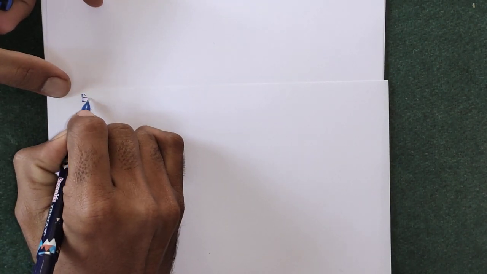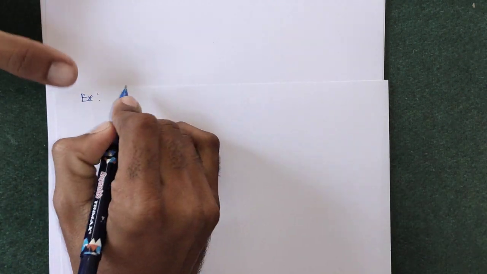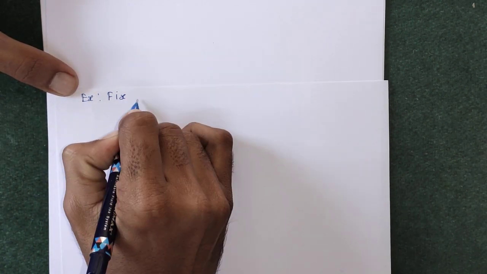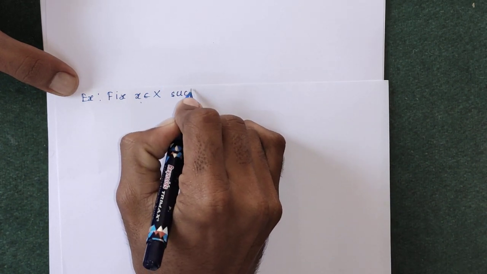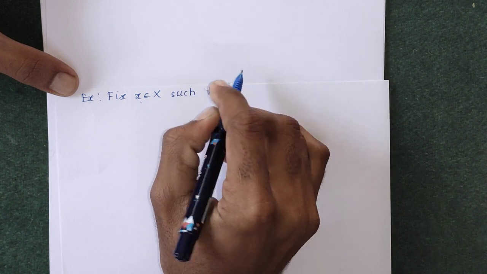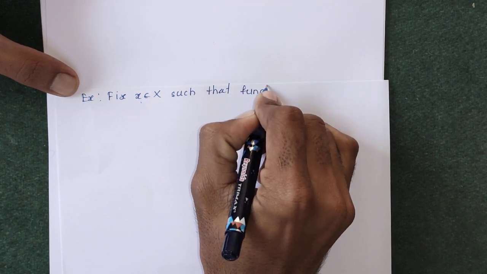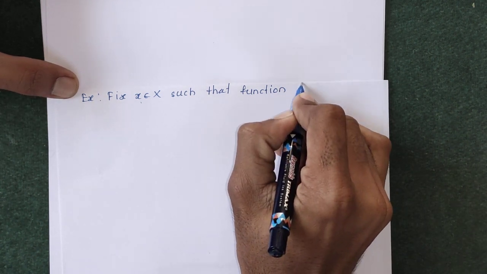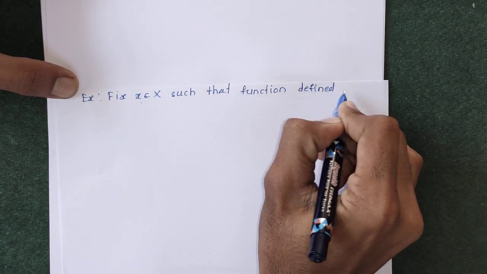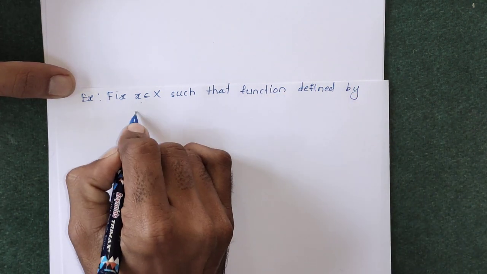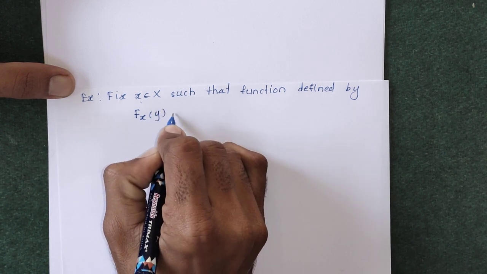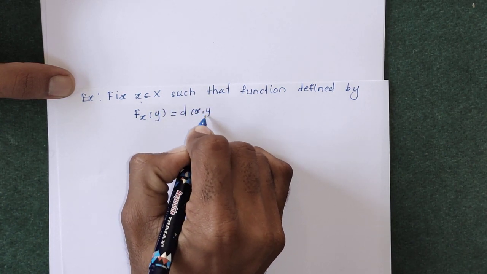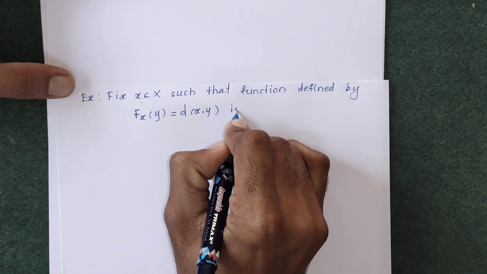So the next example is: let us fix some x, an element of the domain X, such that the function defined by f_x(y) is equal to the distance between x and y is continuous.